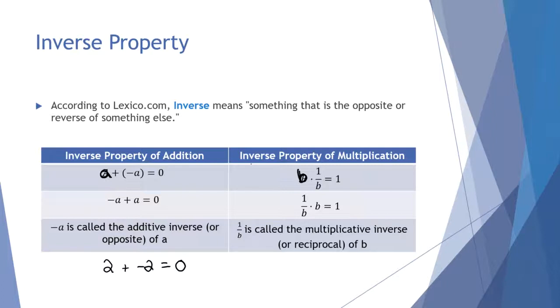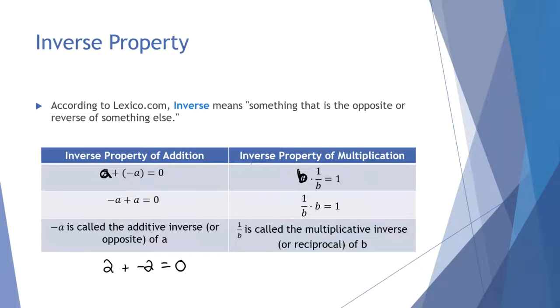So inverse, something that is the opposite. So the opposite of a positive is a negative. You add the opposites together, you get 0. So you're adding inverses. So that negative version is called the additive inverse, or the opposite of what a is. So if you take a number and you add its opposite, basically same thing, different sign, they cancel out, you're left with 0.